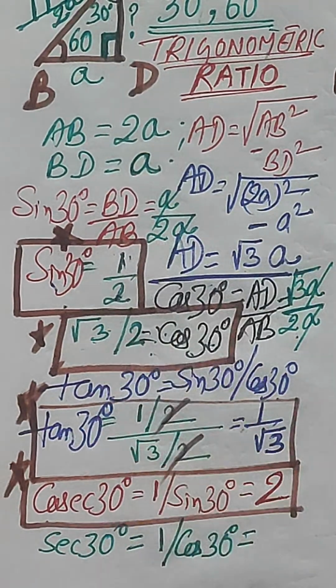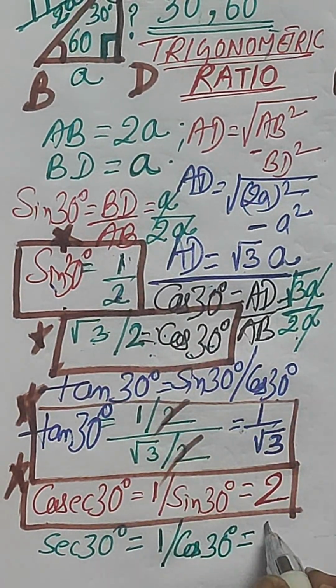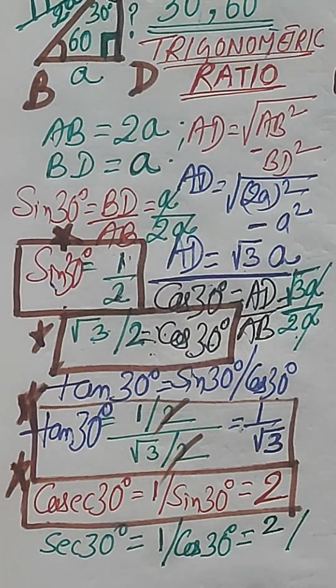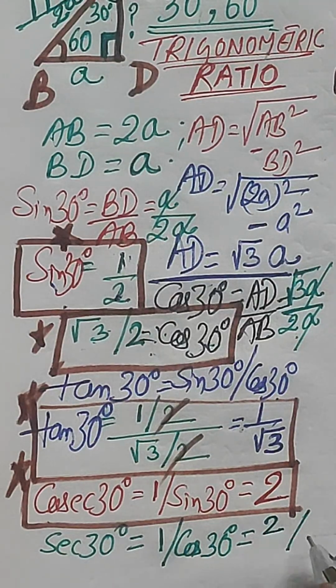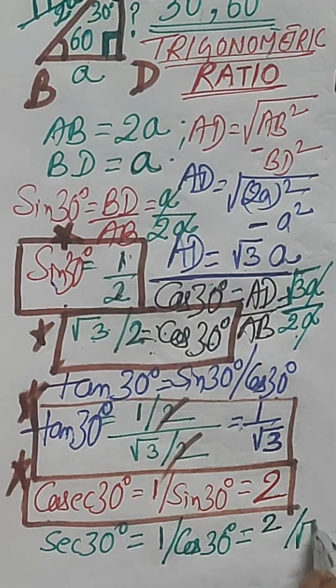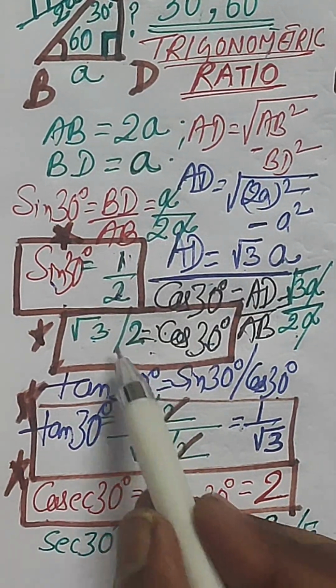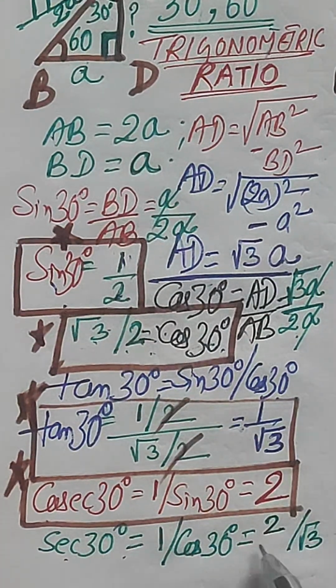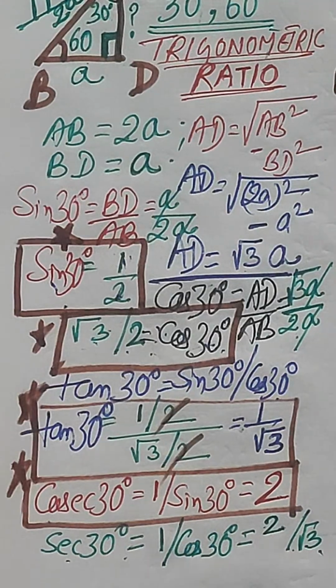So 1 by root 3 by 2 will give the reverse, that is 2 by root 3. 2 by root 3 will be coming for sec 30 degree, because root 3 by 2 is the value of cos 30. So sec 30 degree is 2 by root 3.